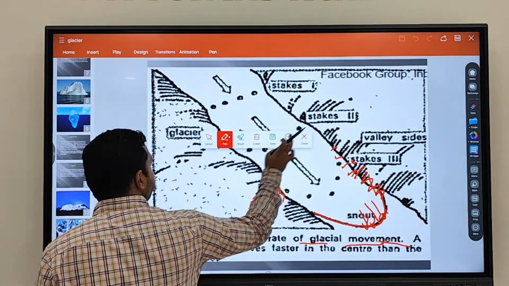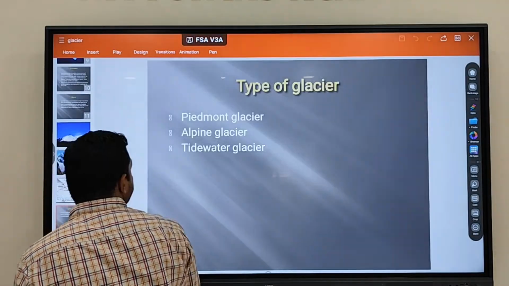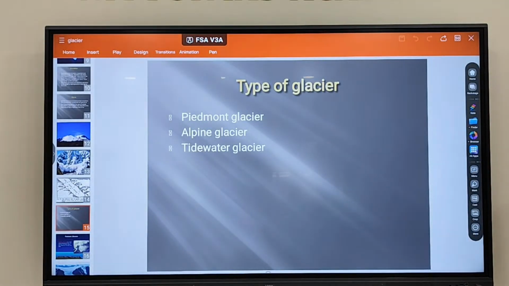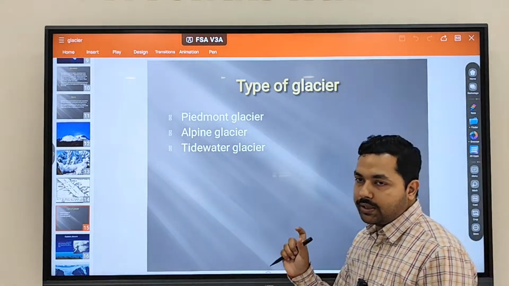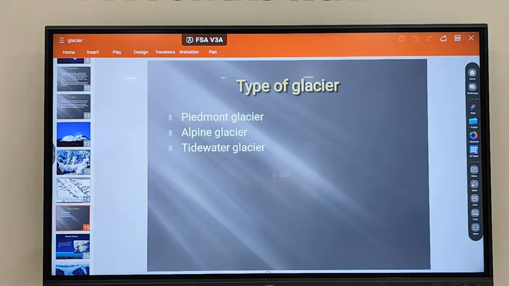Now you'll find there are three different types of glacier. These are referred to as Piedmont glacier, alpine glacier, and tidewater glacier. So we divide glaciers into three types. One is Piedmont glacier, another is called alpine glacier, and third is called tidewater glacier.